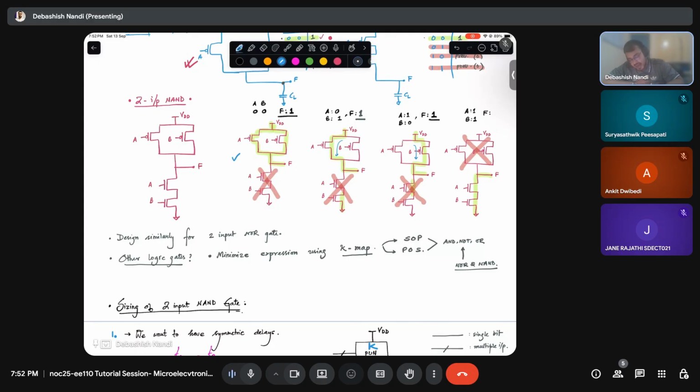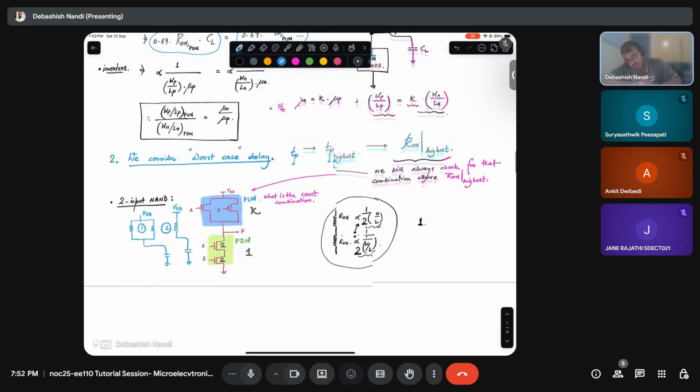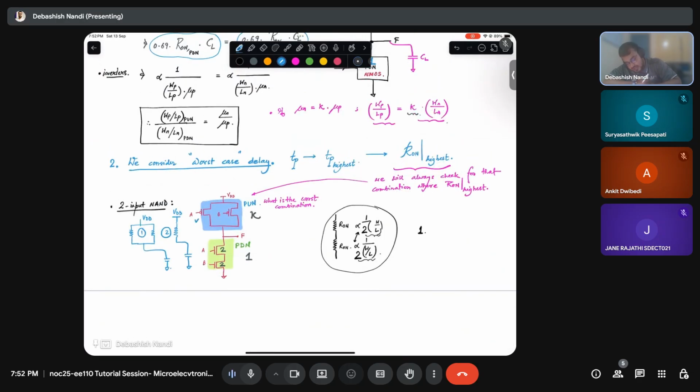So thinking in that line, can you tell me what will be the sizing of this and this? I will have the same size in both cases, right? Is it understood?